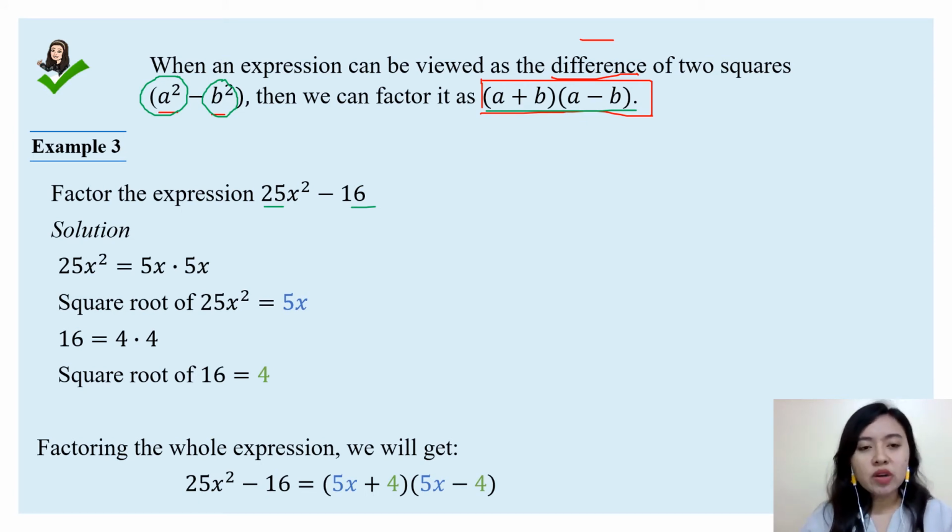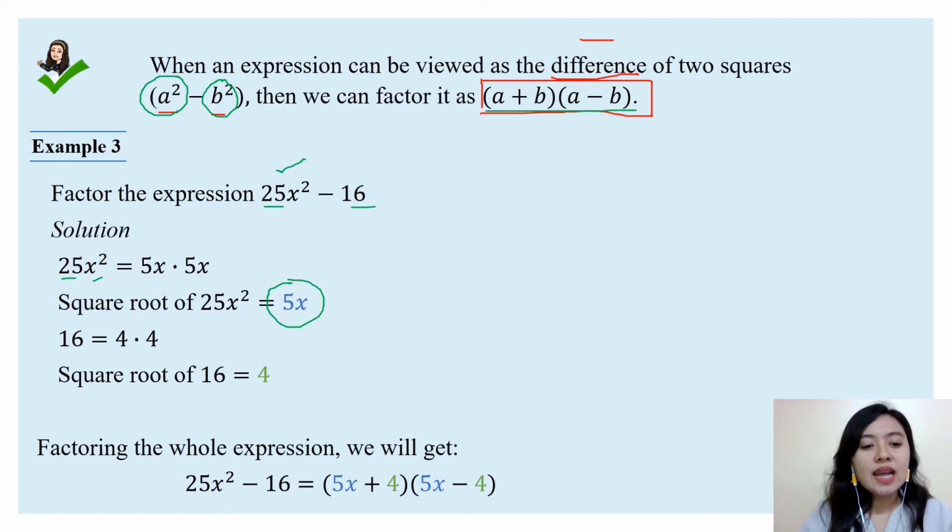Can we get the square root of 25x squared? Yes, the square root of 25 is 5 because 5 times 5 is 25. And obviously, the square root of x squared is x because x times x is x squared. Therefore, the square root of 25x squared is 5x. So, 25x squared is a square number.